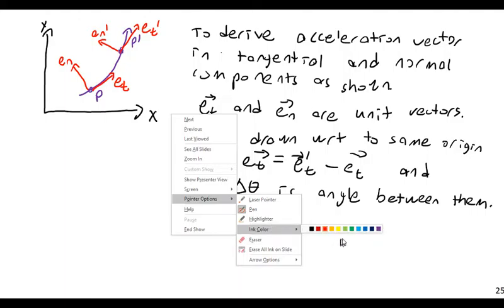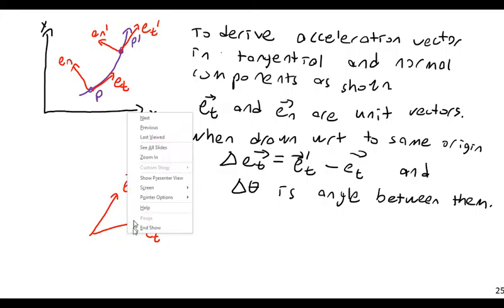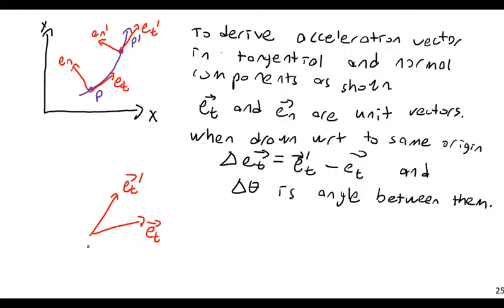I'm looking purely at the vectors, the change in the vectors. So if I have two vectors, ET and ET prime, there's going to be a delta theta between them. And here's the origin. There's going to be a change in theta, an angle between them. And this would be like a circle of radius 1, because these are unit vectors.